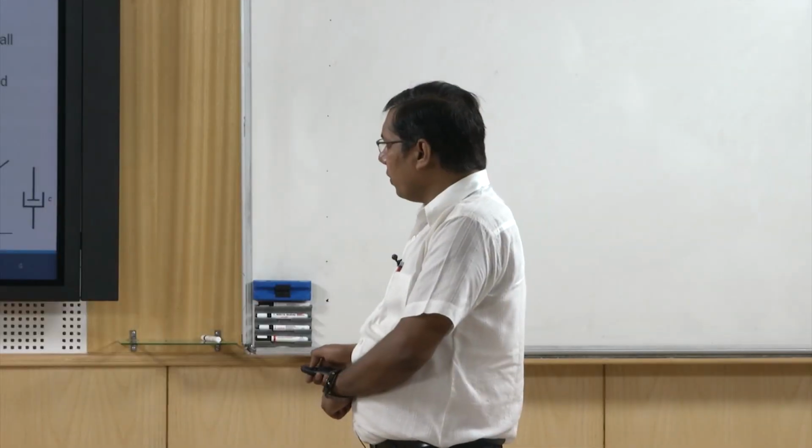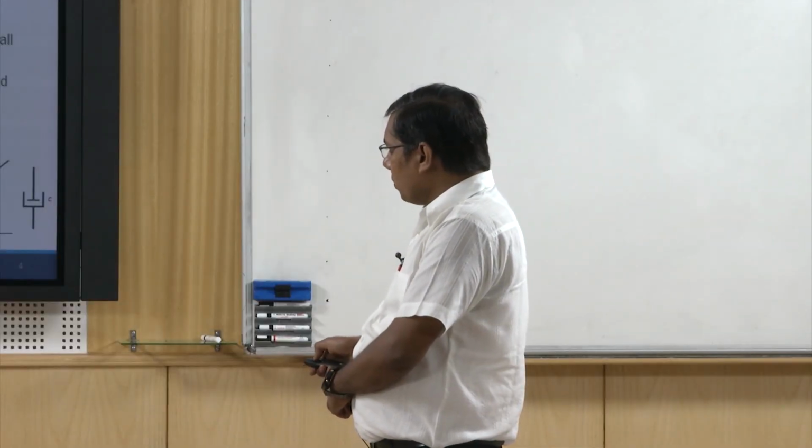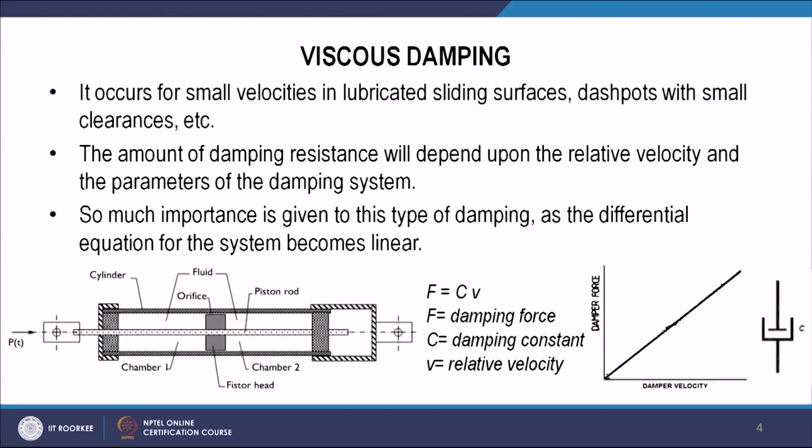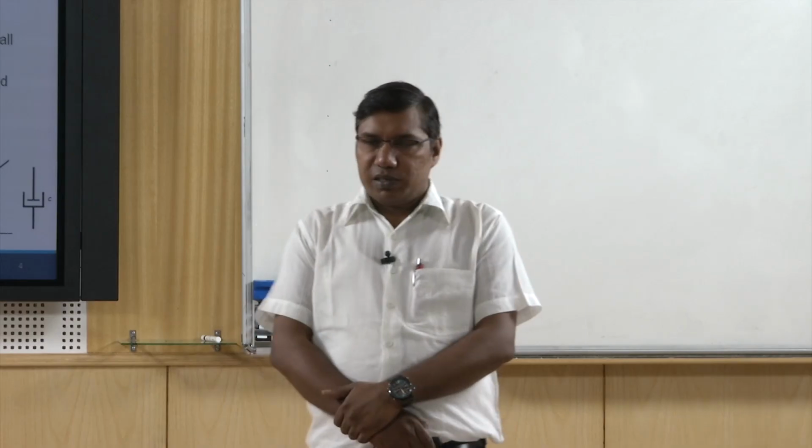Here we can see one damper, and if some force is applied, the piston moves and the fluid passes through the orifice. This kind of damper is called a viscous damper, because it is based on the principle of viscous damping.